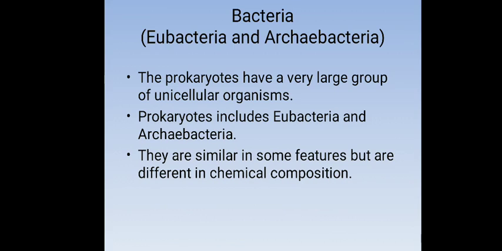Generally, the prokaryotic cells include different types of unicellular organisms, and specifically they include Eubacteria and Archaebacteria. These both types of microorganisms have similar features, but they are different in their chemical compositions, and even they are structurally similar.